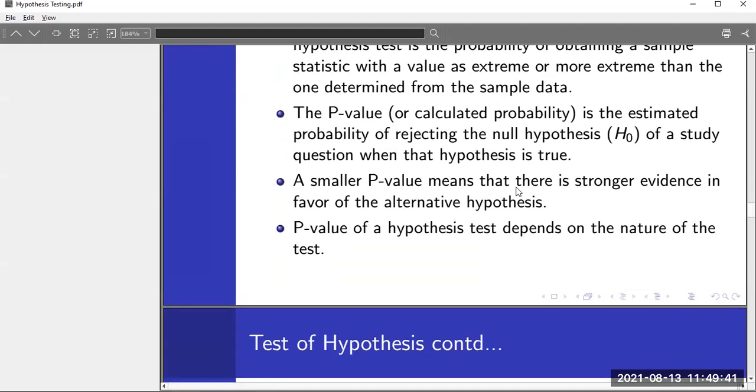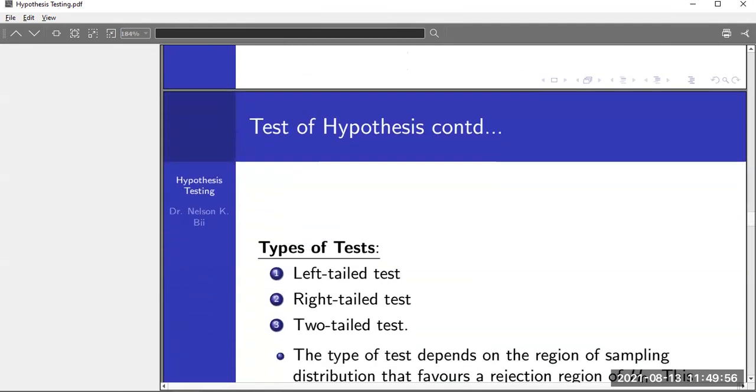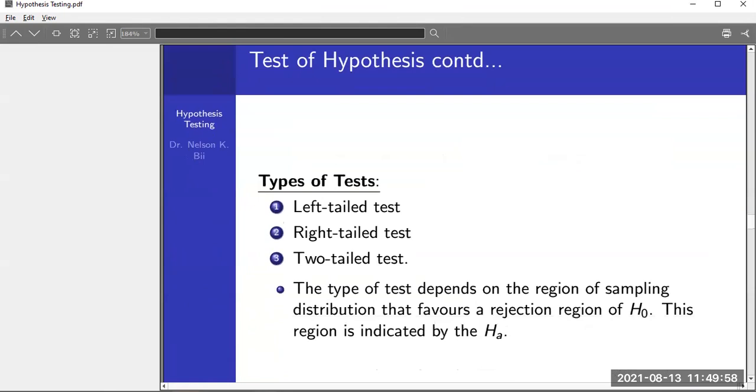A smaller p-value means there is stronger evidence in favor of the alternative hypothesis as opposed to the null hypothesis. That is the basis for rejection of the null hypothesis. Then we have three types of tests: left-tailed, right-tailed, and two-tailed.